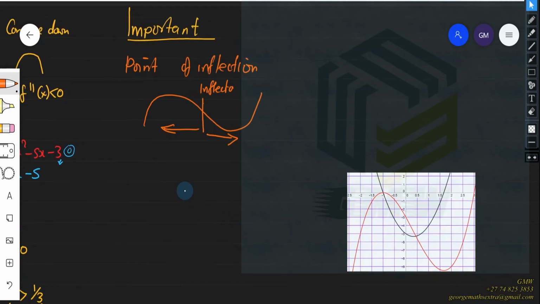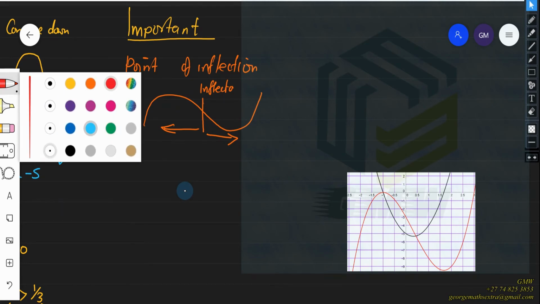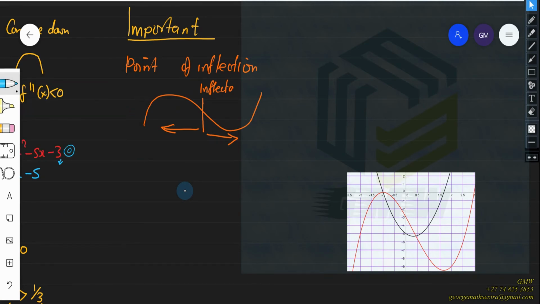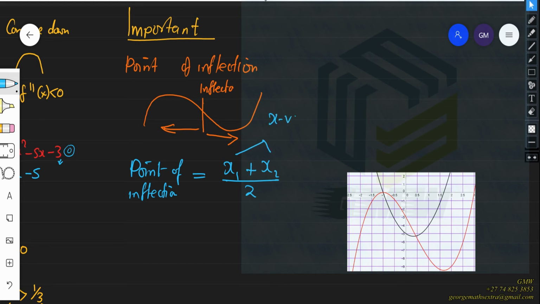So there is a quickest way, if you have turning points, there is a quickest way of finding the point of inflection. So we should know that point of inflection is given by (x1 plus x2) over 2, where these are the x values of the turning points.